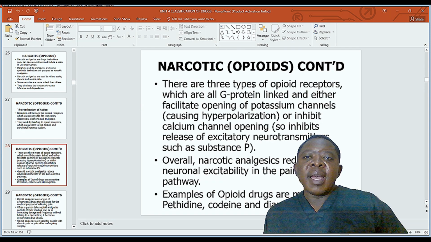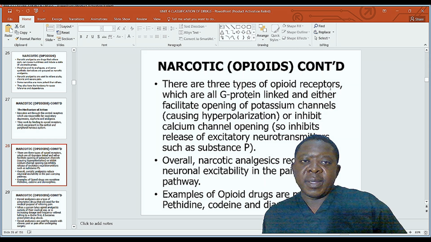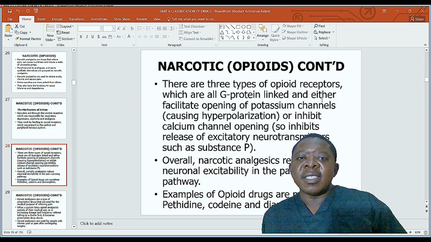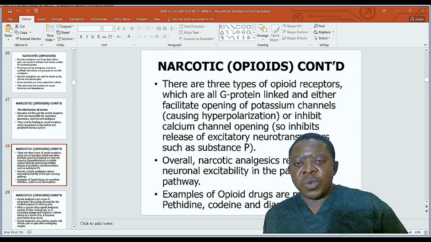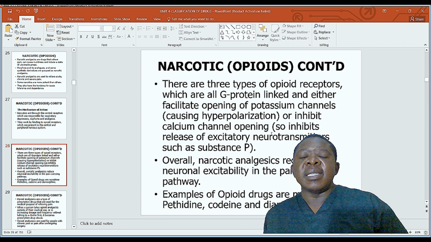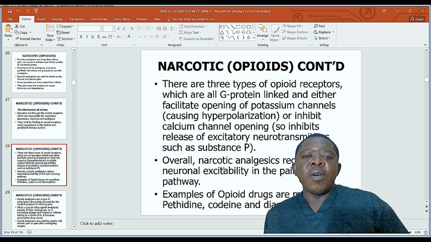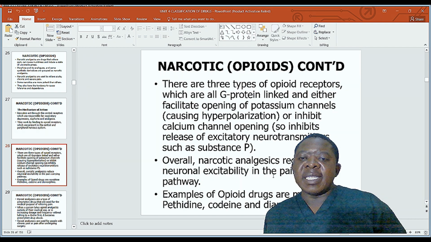There are three types of opioid receptors, which are all G protein linked and either facilitate opening of potassium channel causing hyperpolarization or inhibit calcium channel opening, so inhibit release of excitatory neurotransmitters such as substance P. Overall, narcotic analgesics reduce neuronal excitability in the pain-carrying pathway.